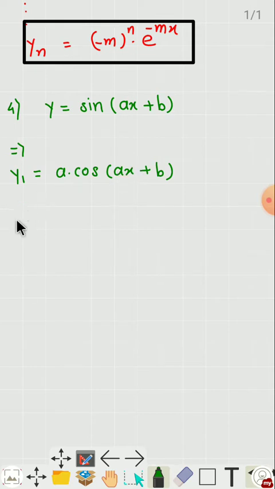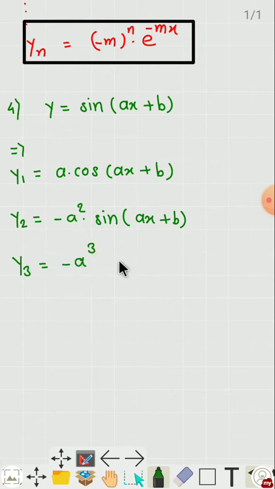Now y2 is equal to minus a square into sine of ax plus b. The derivative of cos is minus sine, and the derivative of ax plus b is a, so minus a square. So y3 is equal to minus a cube into cos of ax plus b.